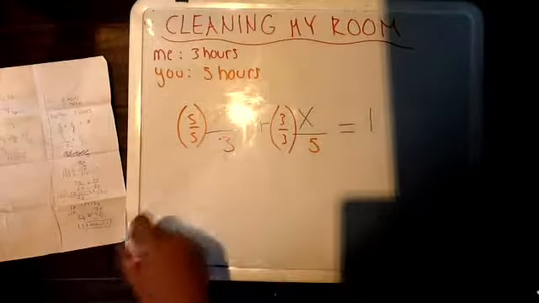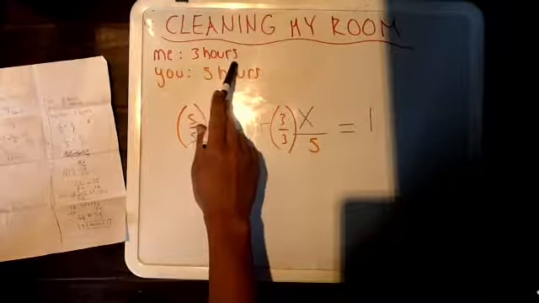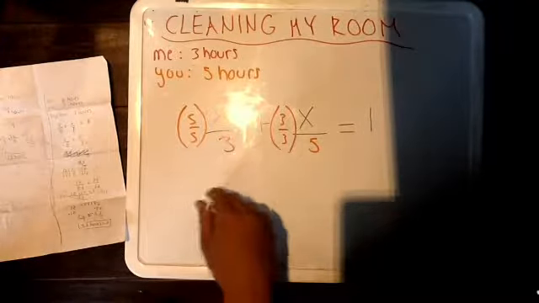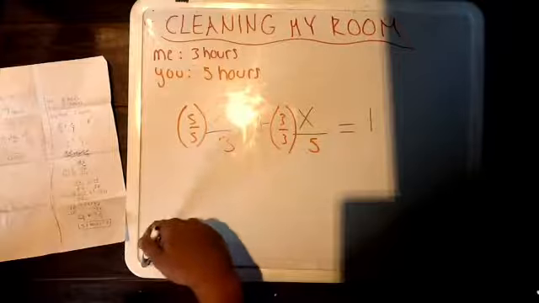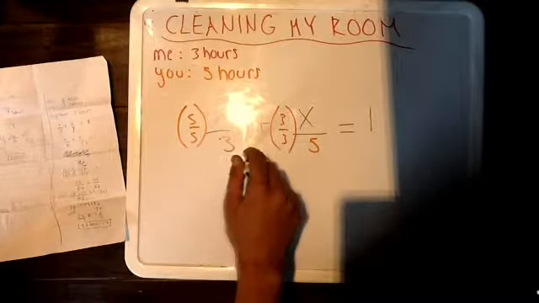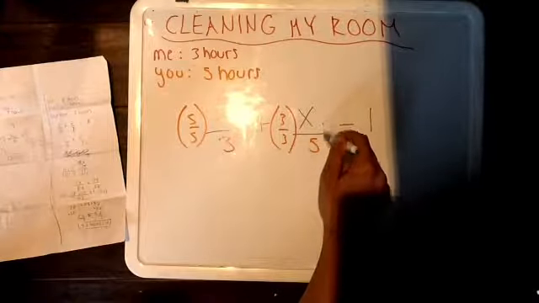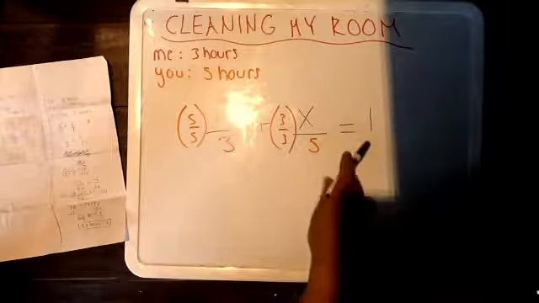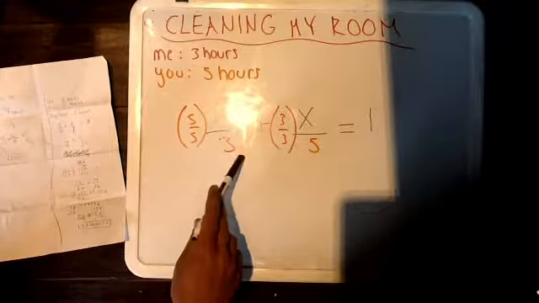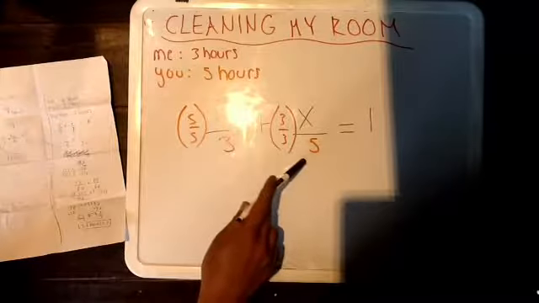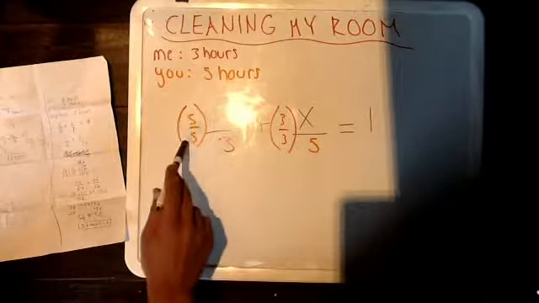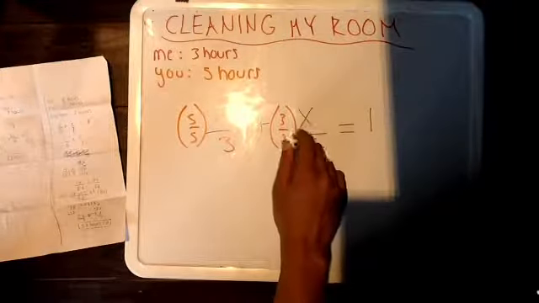Cleaning my room. It takes me 3 hours to clean my room, and it takes my friend 5 hours to clean her room. To figure out how long it would take us to do it together, you'd put x over the amount of hours it takes you, plus x over the amount of hours it takes your friend, and set it equal to 1. Then you take the least common denominator of 3 and 5, which is 15. So you'd multiply x over 3 times 5 over 5, and x over 5 times 3 over 3.